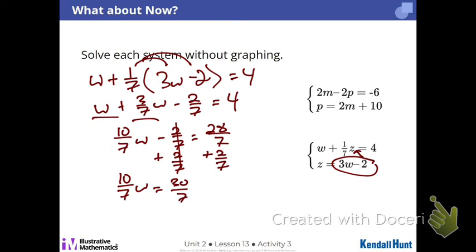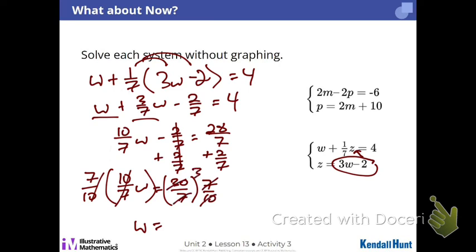And I'm going to multiply by the reciprocal to isolate the variable, 7/10. And watch this. 7s cross simplify. 10 and 30 cross simplify to leave me with 3. Do you see what I mean by the fractions work?